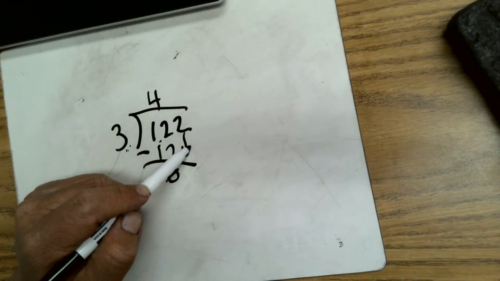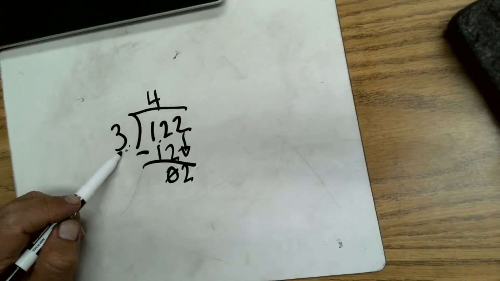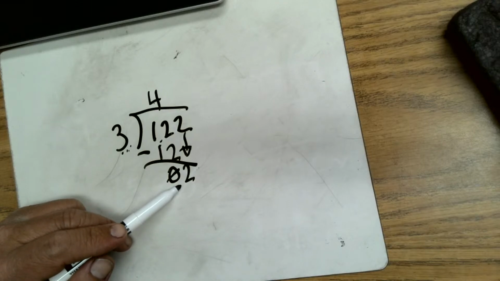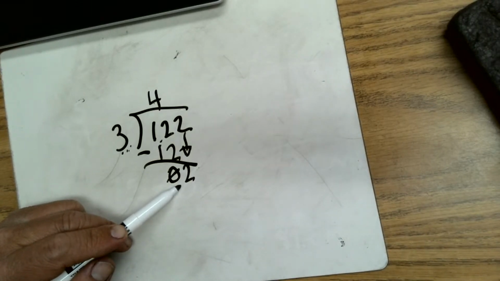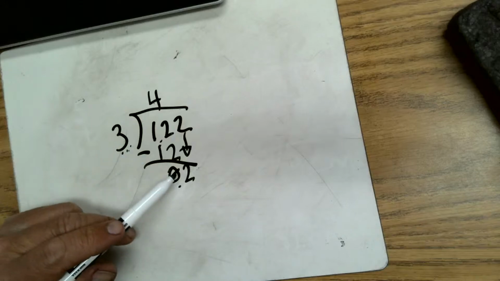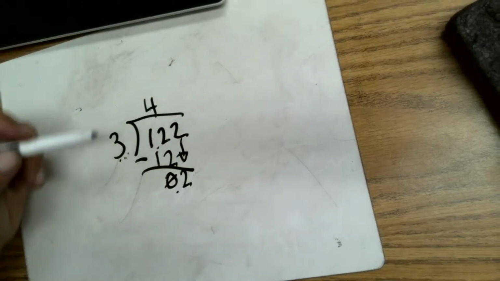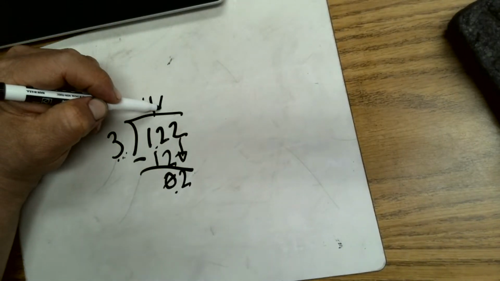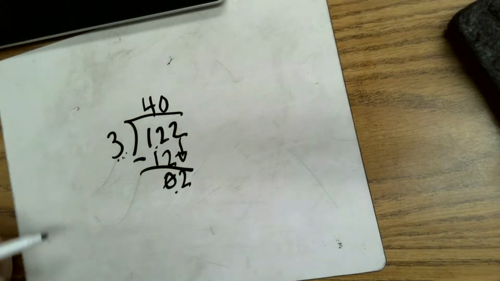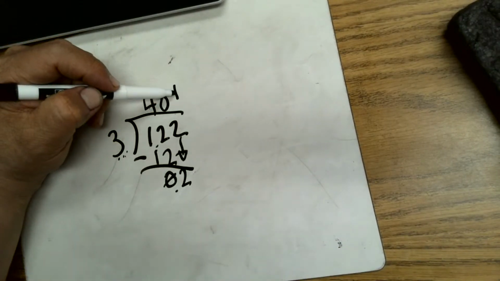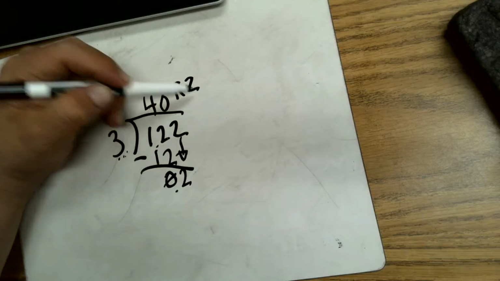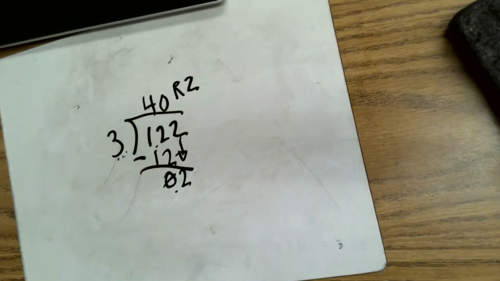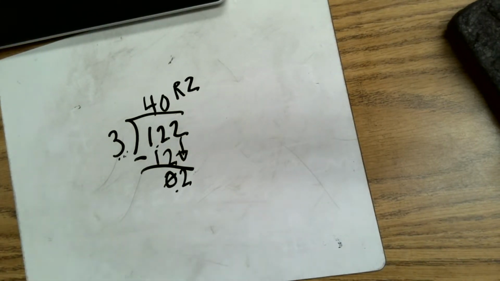I'm going to bring down this lonely 2. Can I divide 3 into the 2? I can't. The reason is that there's not enough there. I'd have to have at least 3 to go in at one time. So 0 times it goes in. What do I have left over? My remainder is 2.